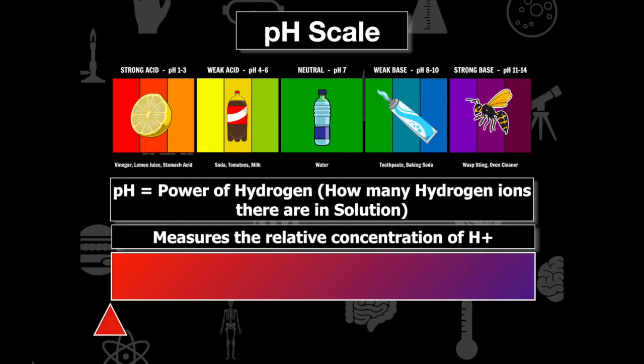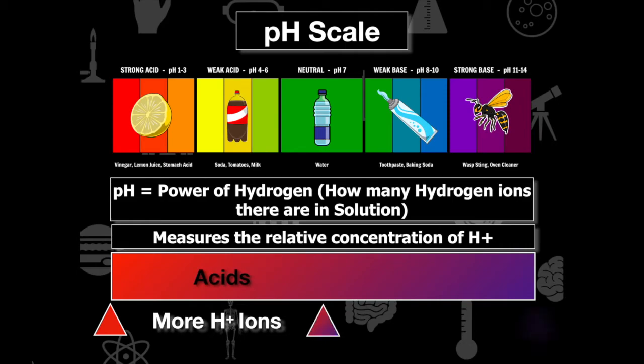So this is going to measure the relative concentration of H plus ions. If we look at one end of the scale, the middle of the scale, and the other end of the scale, we're going to see a couple of different things. If I'm towards the left of the scale, it means that there are more H plus ions in solution than there are OH minus ions, so we consider these acidic solutions.